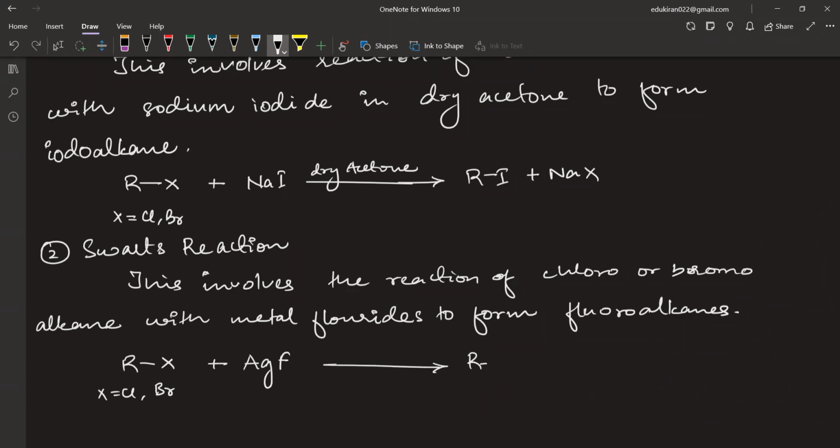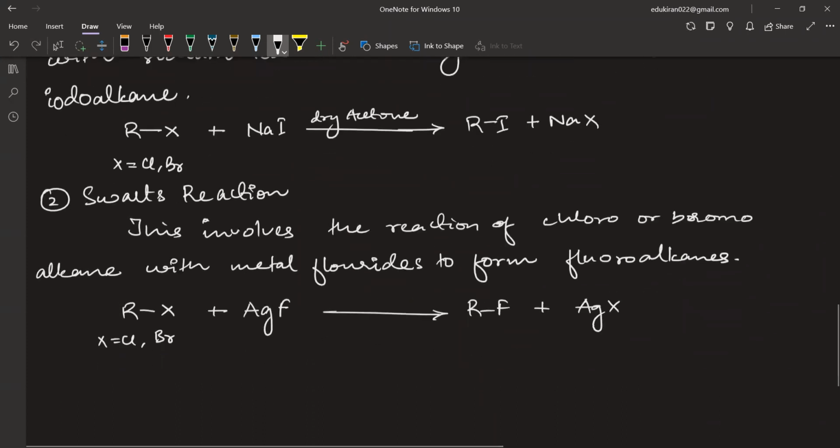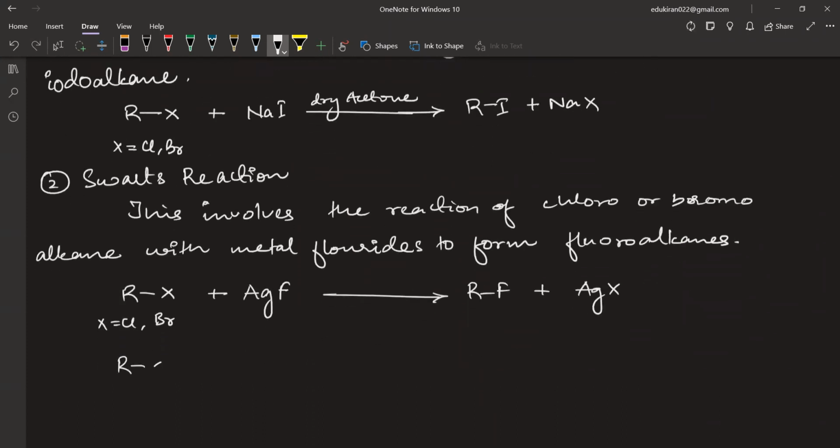It will form RF plus AgX. You can also have something like RX plus Hg2F2. It will form again RF, fluoroalkane, and Hg2X2. So this type of reaction will happen. You can balance this out, like 2RX.